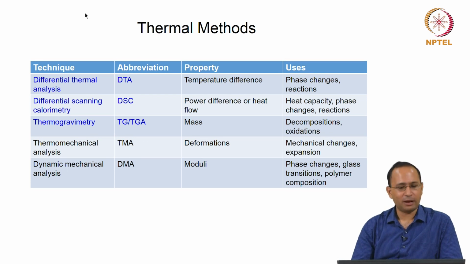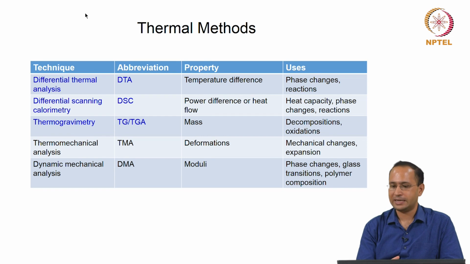Next one is thermogravimetric analysis, TG or TGA, where we look at various reactions like decomposition, dehydration, dehydroxylation, oxidation, etc., right. In this technique we measure the change in mass, okay, that is the property we measure in TG. There are a couple of others like thermomechanical analysis, TMA, where we measure deformations.